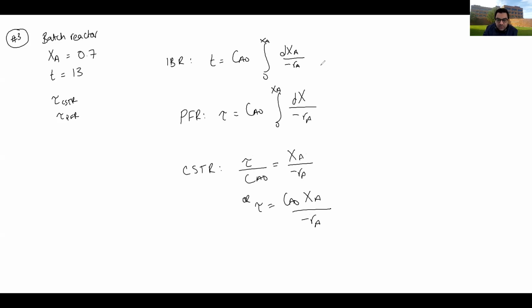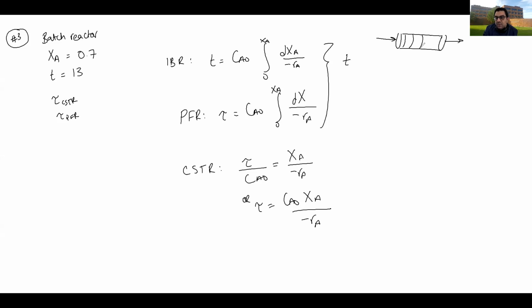Okay, so let's have a look at these equations. When you compare these equations, and we discussed this at the end of the last lecture, you find out that the design equations for an ideal batch reactor and a PFR are the same. And the reason for this, we said, is because there is no mixing in a PFR in the flow direction.